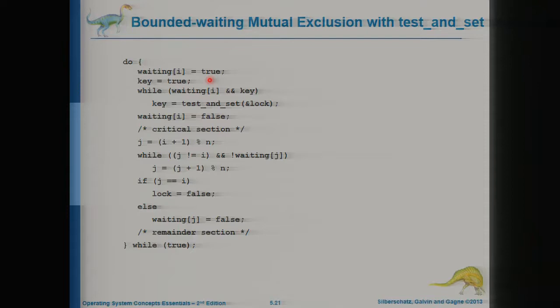So let's go to test and set. What was test and set? Test and set was Boolean TestAndSet, then Boolean rv is equal to, sorry, this was target.